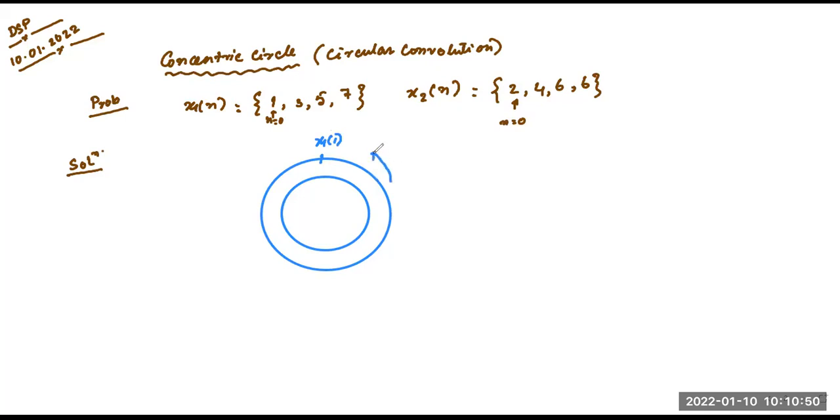We will put the values this way. So first is our 0 position, so this is x1[0]. This is x1[1]. This is x1[2]. And this is x1[3]. How many bits are there? 0, 1, 2, 3.